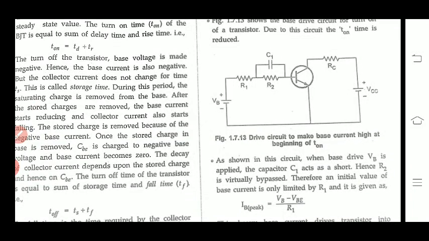Then the current decreases from IB peak to IB once C1 is charged. We'll see what they have written.